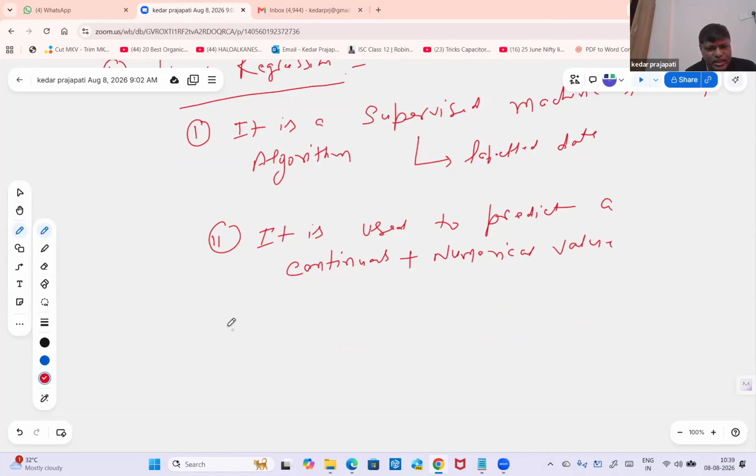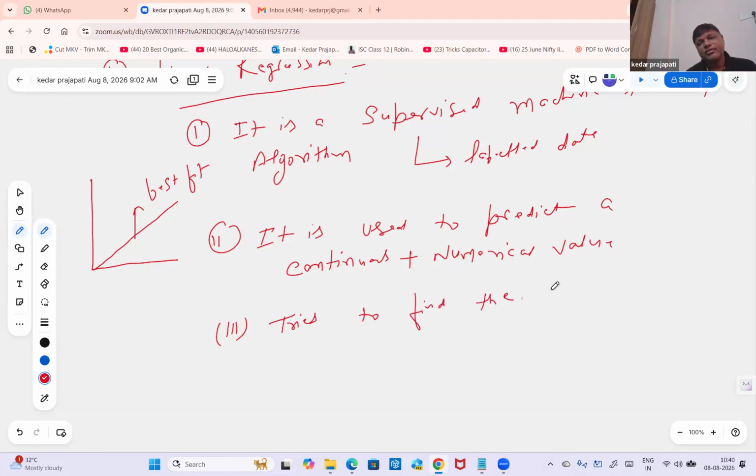And what it does is, in this algorithm, you remember, right? We try to find a straight line like this. So this straight line is called the best fit line. This algorithm tries to find the best fit line.